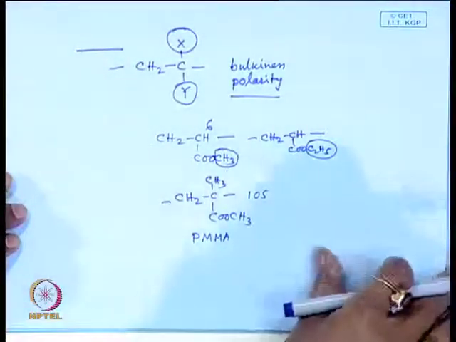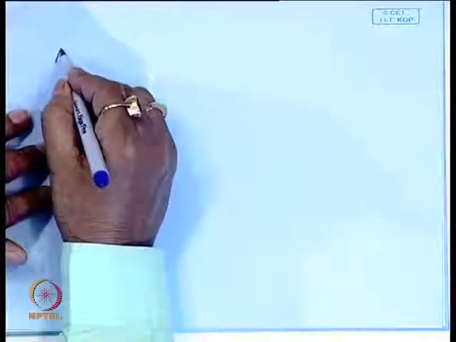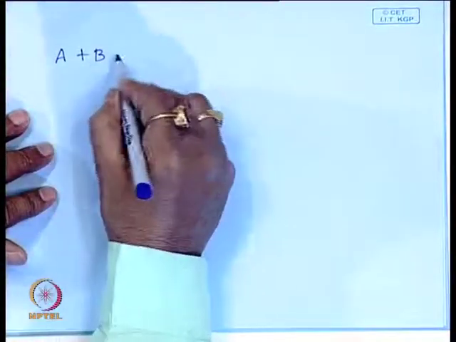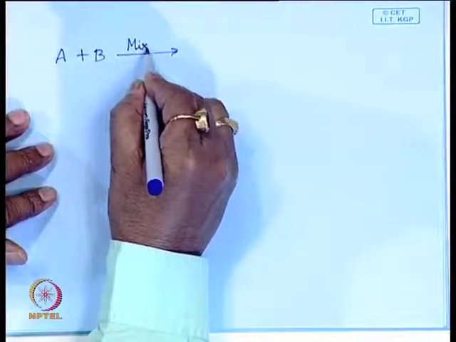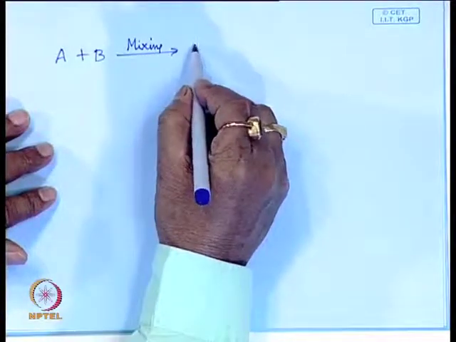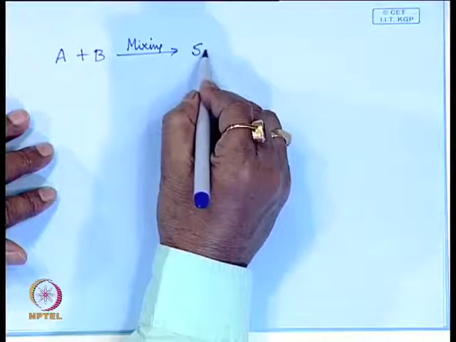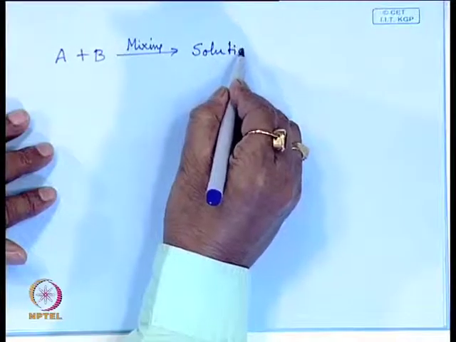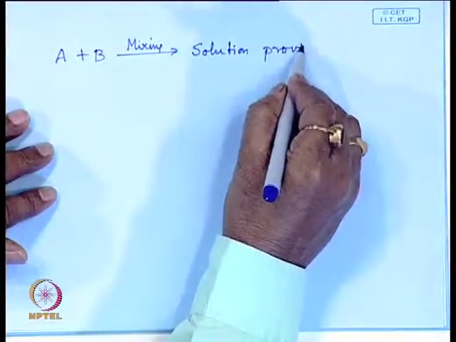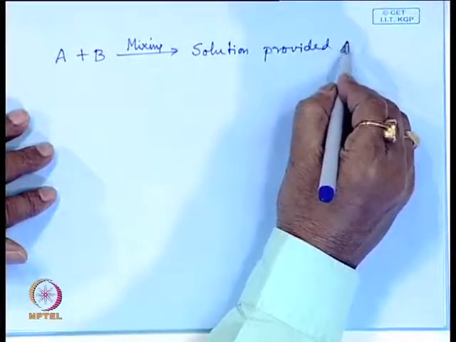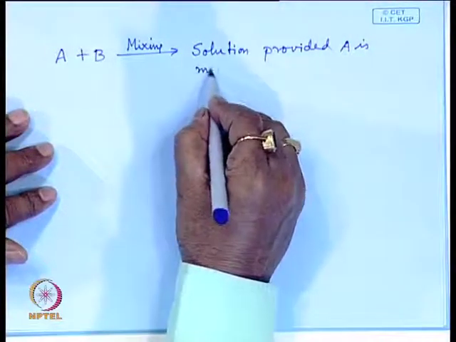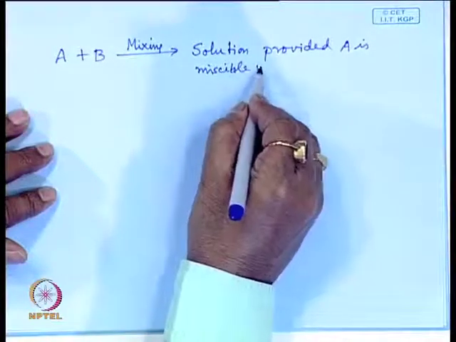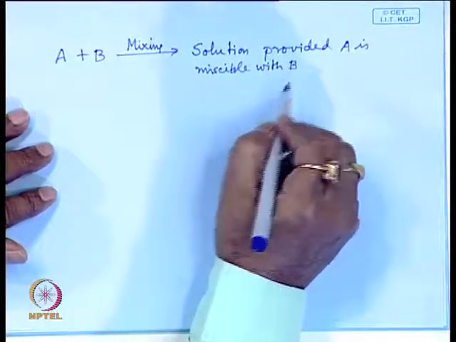If we mix a component A with a component B, we can get a solution, provided A is miscible with B.